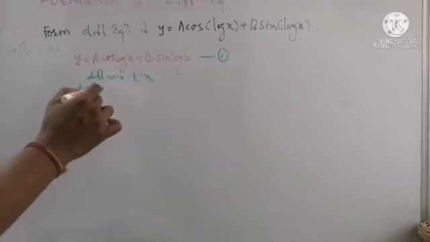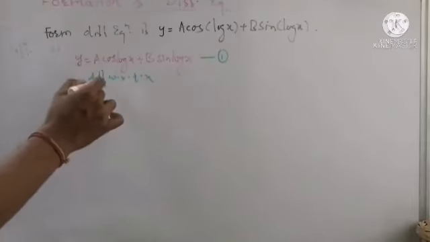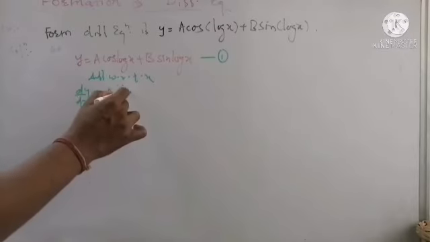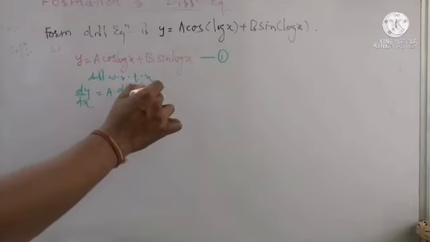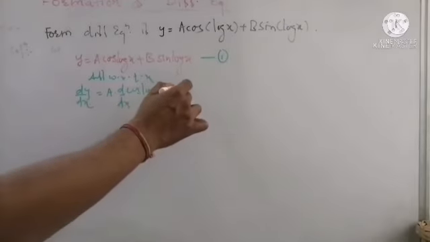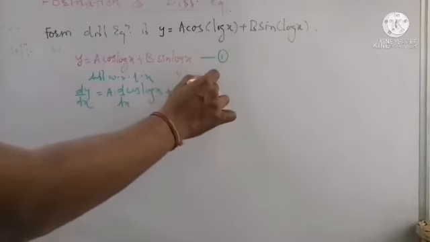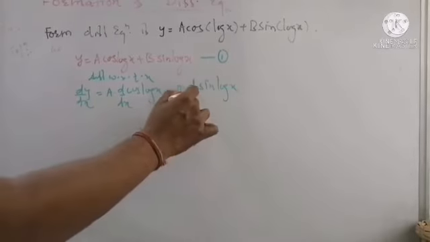On the right hand side there is addition, so we take the derivative of the first term, as A is a constant, so we take it outside the derivative. So we take the derivative of cos of log x with respect to x only, plus B is a constant, so we take the derivative of sin of log x, as we take it outside the derivative.